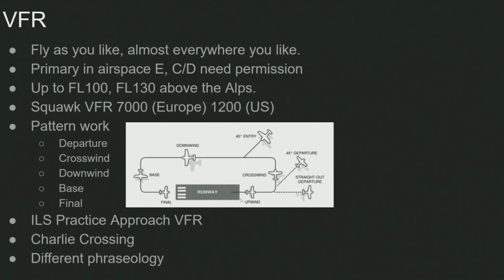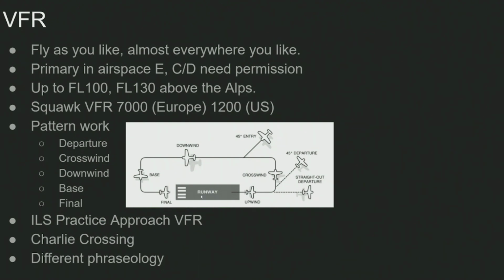Also keep in mind, and that's something I only know for Germany for sure, every time when you fly VFR in the pattern and you want to do a right turn, you have to listen for the words right turn approved. If you don't hear it, you have to fly straight ahead. So when you fly right, you need to wait until you hear the magic words right turn approved.